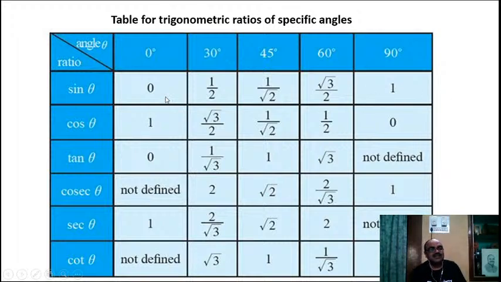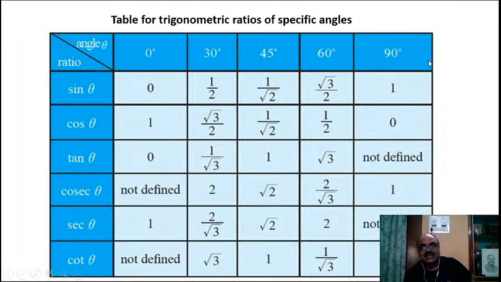Can you get this? 0, 0, back to 0. Sine at 0 degrees is 0, at 180 degrees it is 0, and coming back again it is 0, because everywhere sine is 0 with respect to all that.